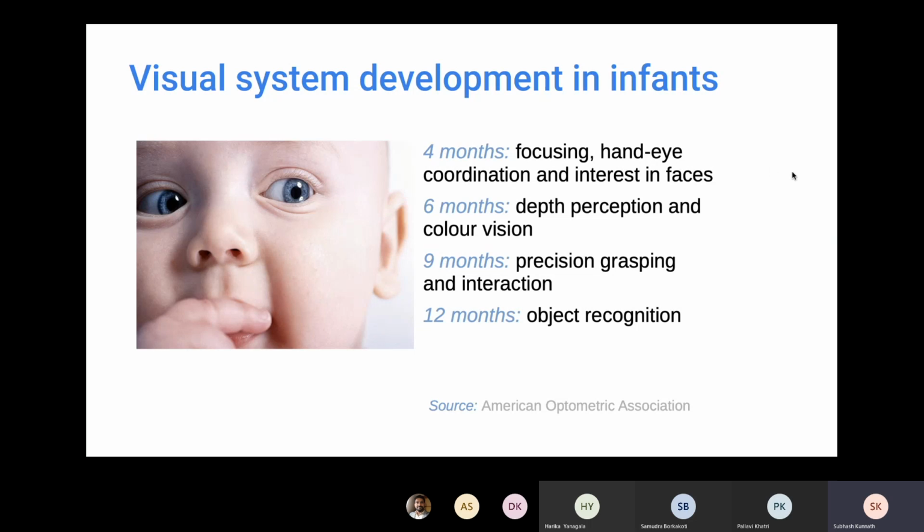And around 6 months, depth perception and color vision develop, and the blue color detection develops later. At 9 months, they can do precision grasping and interaction with objects. And around 12 months, after 1 year, they can detect objects clearly.